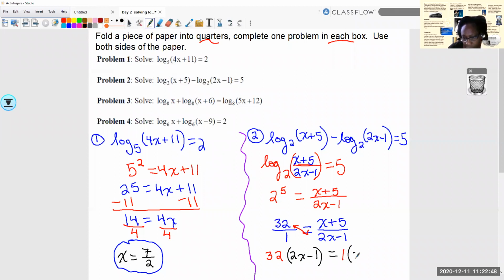Okay, simplify. So I haven't done this in a while. 64x minus 32 equals x plus 5.